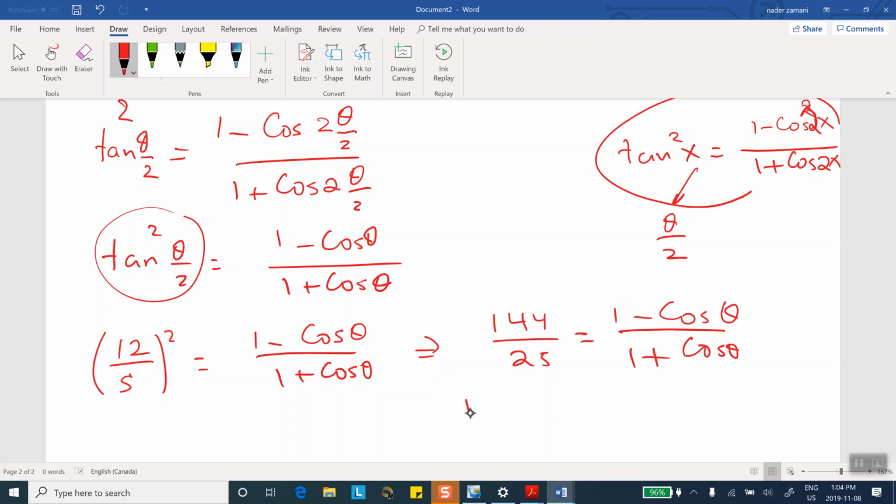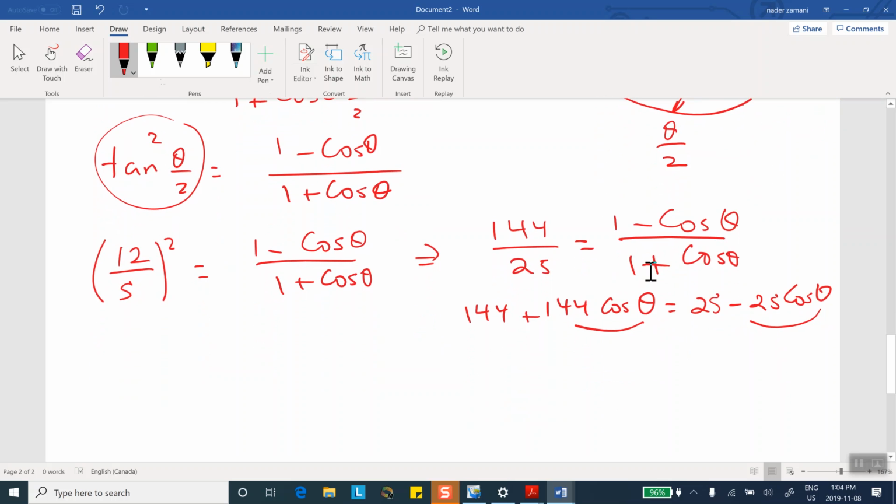Let's cross multiply: 144 plus 144 cos theta equal to 25 minus 25 cos theta. Take all the stuff involving cosine to the left side. So I take this thing to the left side, so we go 169 cos theta equal to, and take this thing to the right hand side, 144 minus 25.